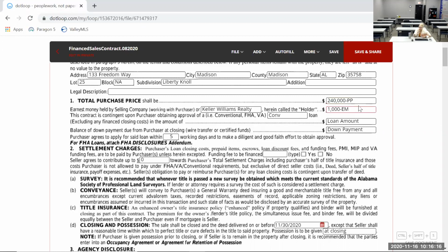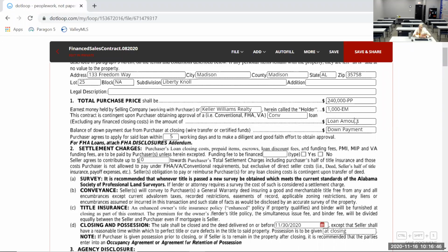Now, earnest money, can anybody tell me what standard earnest money is? 1,000 or 10 or 1%. Correct. Standard is somewhere around $1,000. If you have a small house that's only $150,000, then you could do a $500 earnest money.